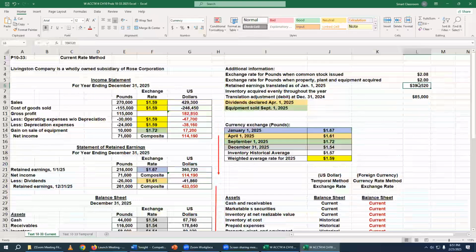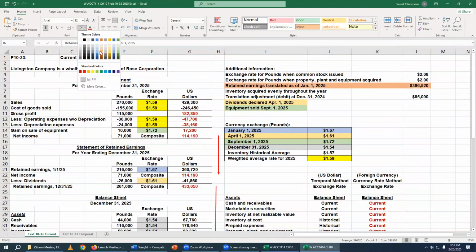I did this wrong. I didn't realize something here. This is important. The retained earnings should be this. This is a given. All right, I gotta make a change here. I apologize.